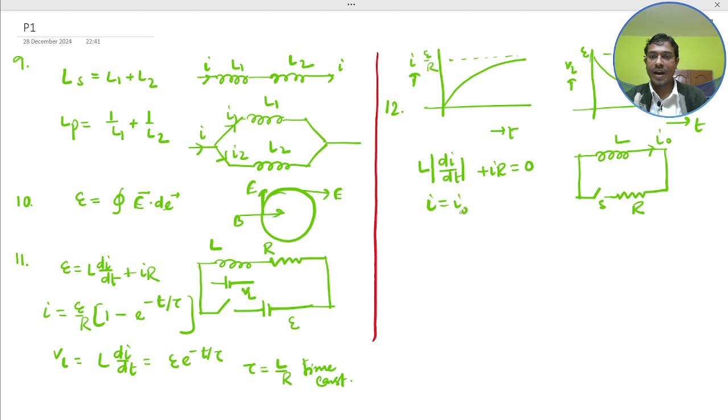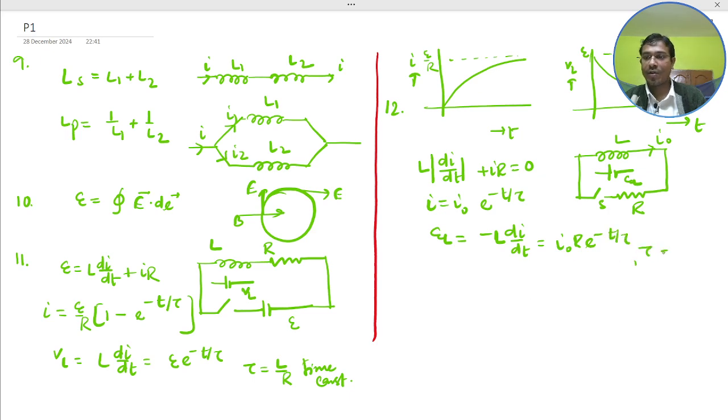So I would become I naught exponential minus t by tau, and the epsilon L, this voltage difference, would become minus L di/dt. Just differentiate and put this value, this would become I naught R exponential minus t by tau, where tau is the L by R time constant.